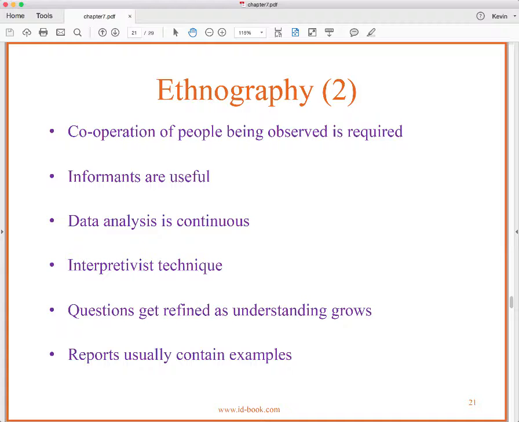We're going to analyze the data as we go along. And we're going to have an interpretivist technique. Because of the points that we just made, our hypothesis about what's going on is going to be changing over time.